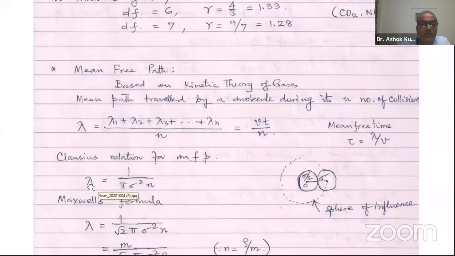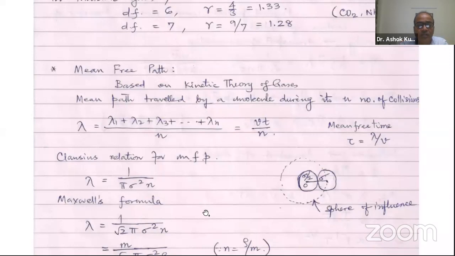lambda, that is the mean free path, is equal to 1 upon pi sigma square n. Okay, it is in the denominator. Sigma is the diameter of the molecule. Now it was found that this relation is not very correct. There was some correction needed.